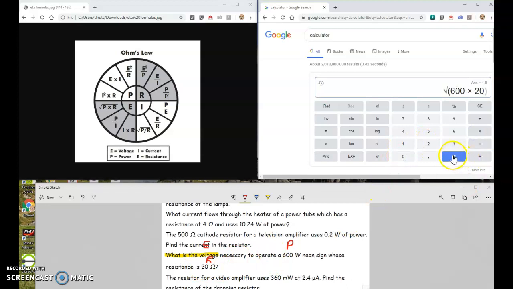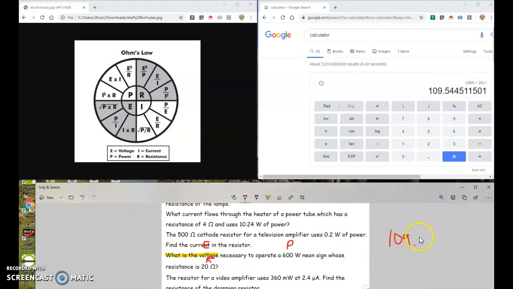And we hit equals, and it's 109.54 whatever. Remember, you're going to round to one decimal place, so that is going to be 109.5, and that's going to be a voltage, so that's V for volts.